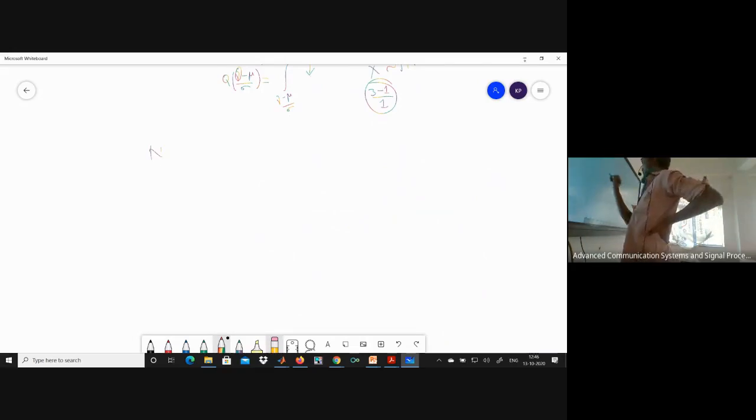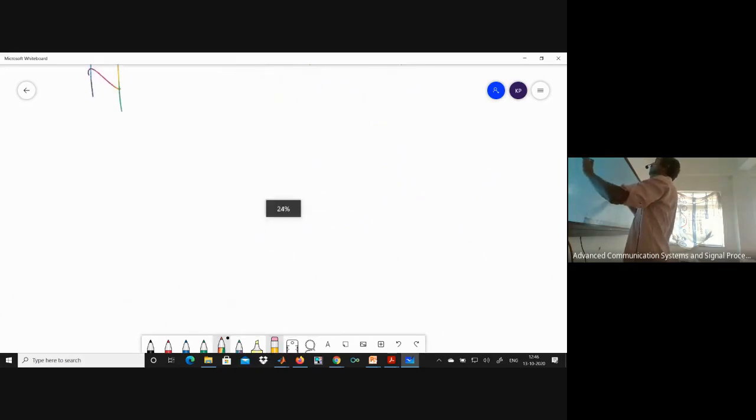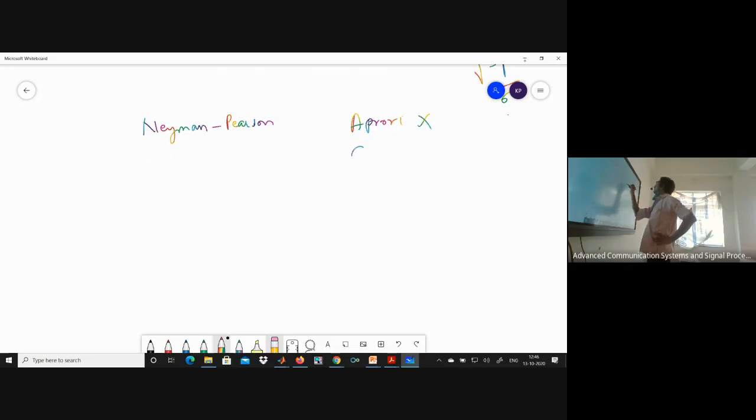In Neyman-Pearson method, as we have discussed, we neither require a priori probabilities nor cost functions, but some parameter has to be given, that is the probability of false alarm. Once probability of false alarm is provided to you, we are going to define the gamma.